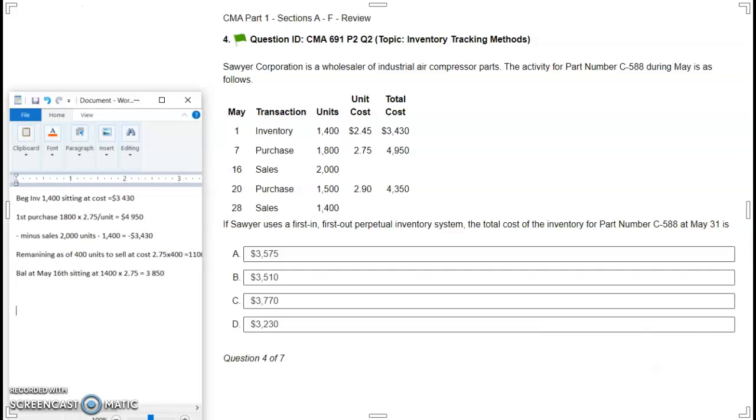If you want to check that answer, check the answer so far.